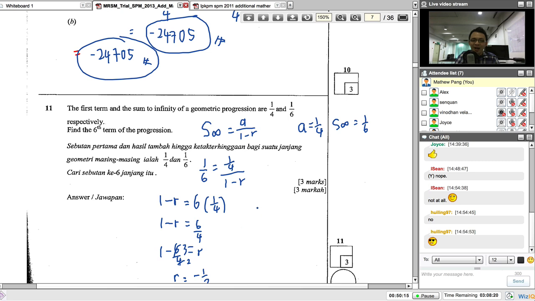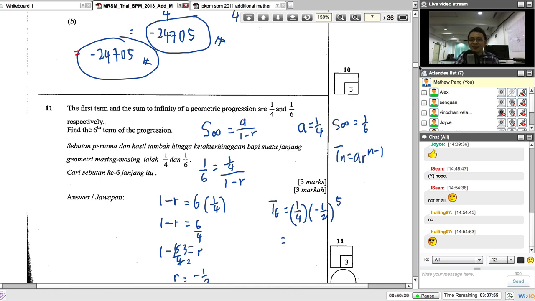Since I got my r already, I can easily get my sixth term, T6. The formula for geometric progression is Tn equals to a r to the power of n minus 1. So T6 equals to a is 1 over 4, r is negative 1 over 2, n is 6 minus 1, which is 5.